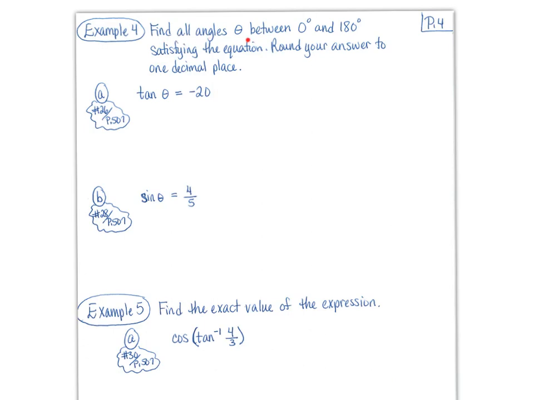Find all angles theta between 0 degrees and 180 degrees, satisfying the equation. Round your answer to 1 decimal place. So for the first one, part A, we have tangent of theta equals -20. So that means that theta is equal to tangent inverse of what? -20, good.